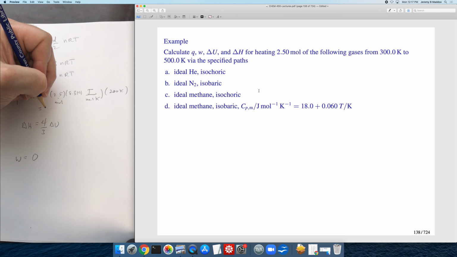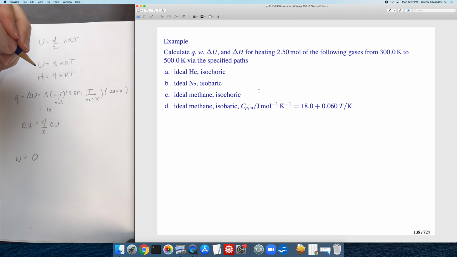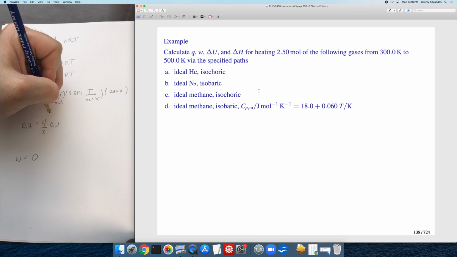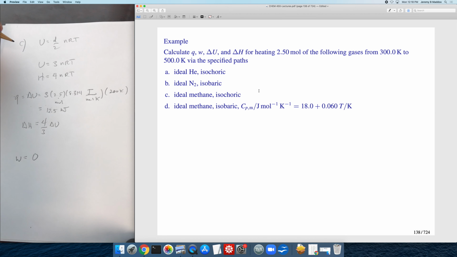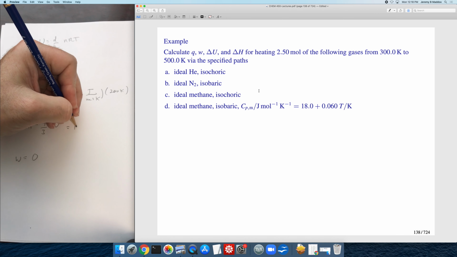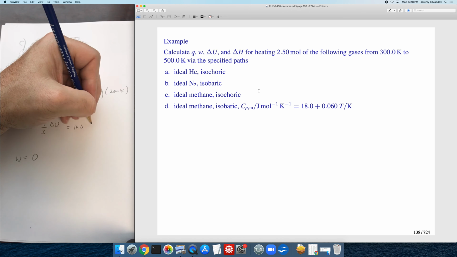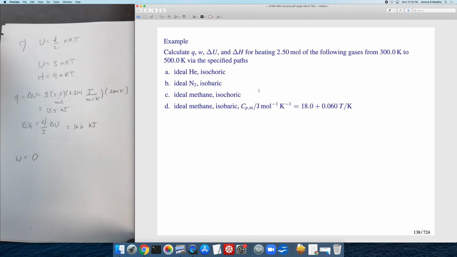So I'm getting 12.5 kilojoules for my delta U, and 16.6 kilojoules for my delta H. And so that's all we get for this problem.